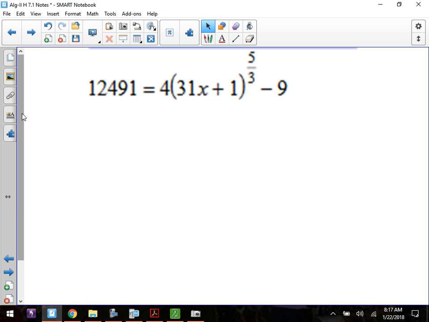So let's see, we have 491 equals 4 times the quantity 31x plus 1 to the 5/3 minus 9. The very first thing you're going to do is add the 9.